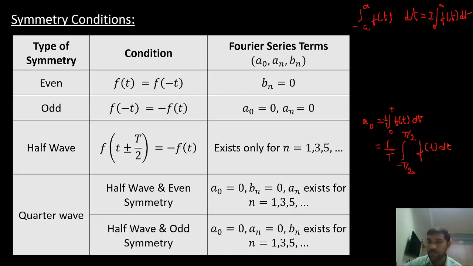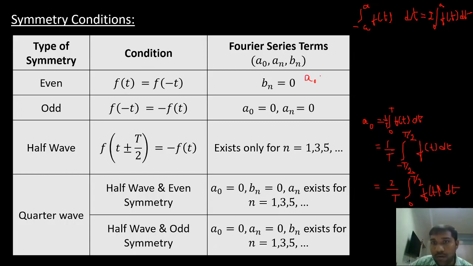Since f of t is an even signal, I can write this as 2 by T into the integral from 0 to T by 2 of f of t dt, right? That is what I will write here.